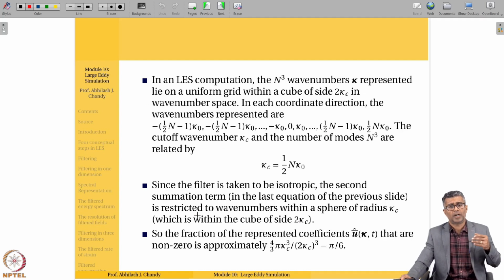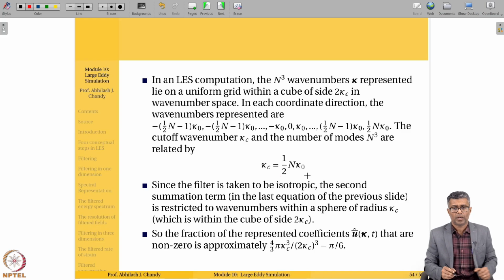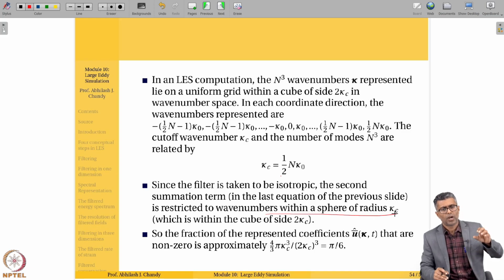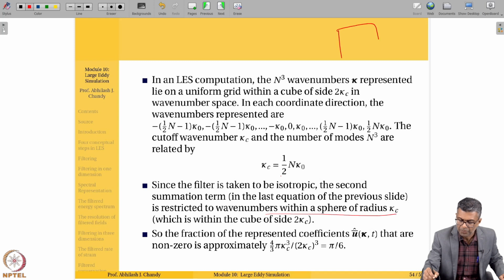And we define our cutoff wave number as half n kappa naught, because that is our new wave number. This is your LES grid, and since the filter is taken to be isotropic, the second summation term, basically the last equation in the previous slide, is restricted to wave numbers within a sphere of radius kappa c. We have seen this multiple times. All which is within a cube of side 2 kappa c. If you remember, your cube is like this, right?